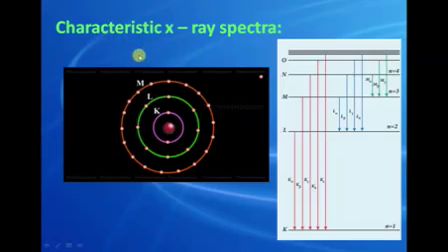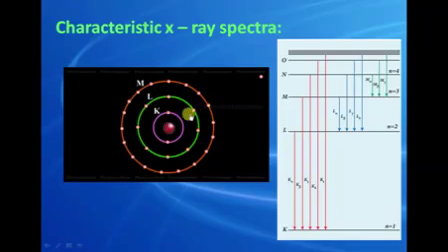Next we are going to see the characteristic X-ray spectra. The fast-moving electron strikes the target. The X-ray spectra show some narrow peaks at some well-defined wavelengths. These line spectra showing the peaks are called the characteristic X-ray spectrum. These X-rays are formed due to electronic transitions within the atom.